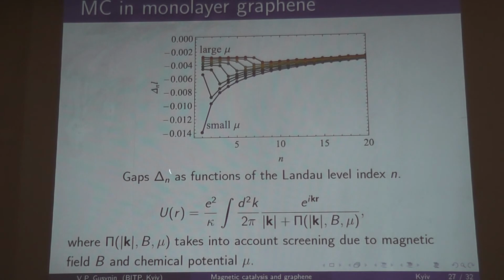So we included, for example, the polarization function, which also depends on magnetic field. So we get this picture of how the gap depends on Landau levels.